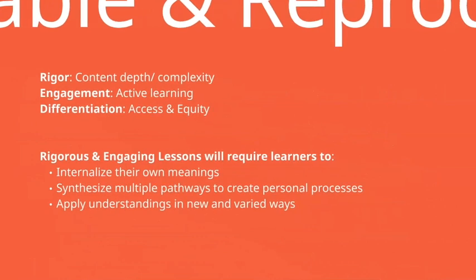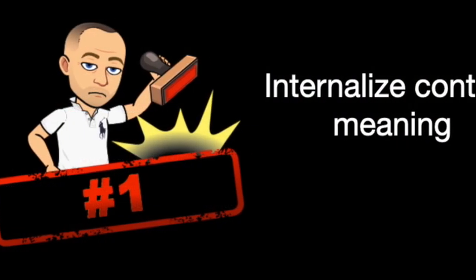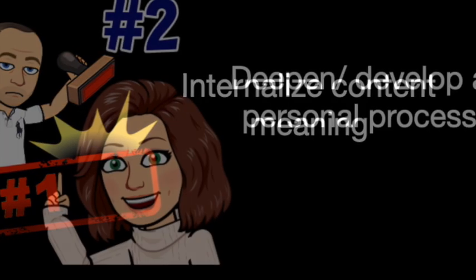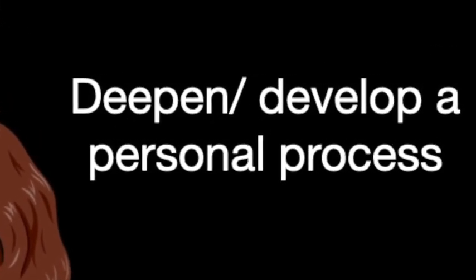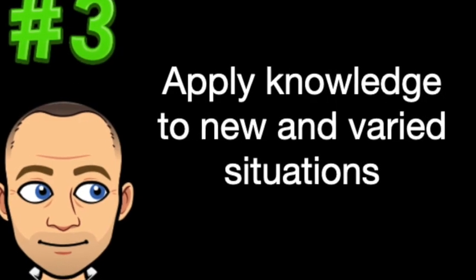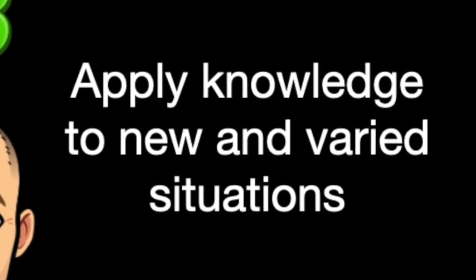Combining these thoughts together allows us to define rigorous and engaging lessons as ones that require learners to internalize their own meaning, to synthesize multiple pathways which help create a personal process, and then to apply all their new understandings in new and varied ways.